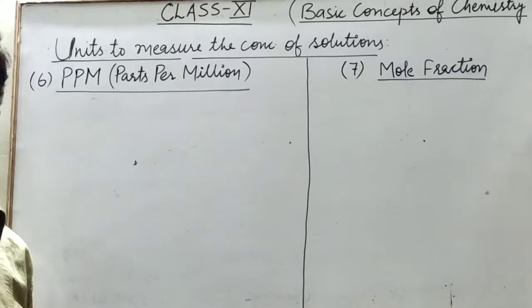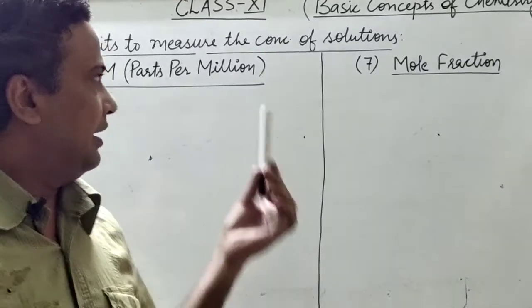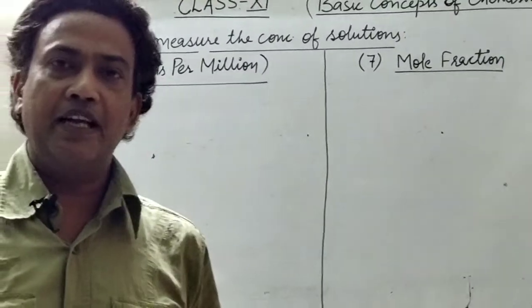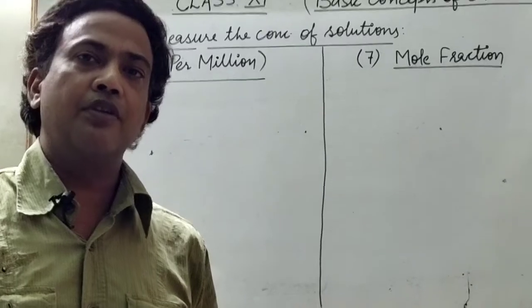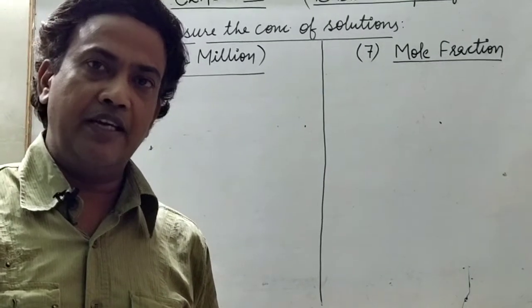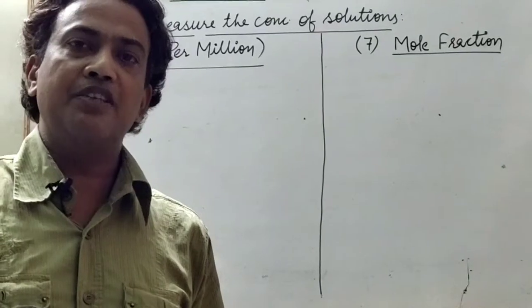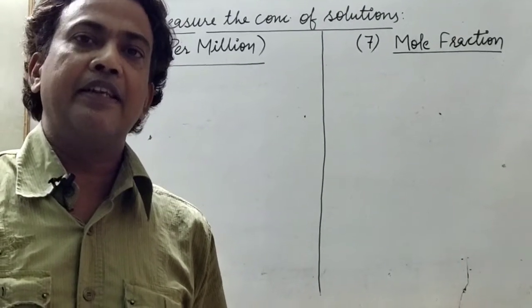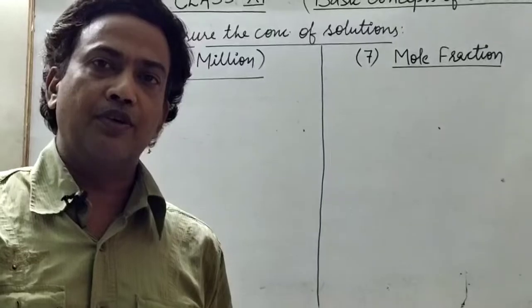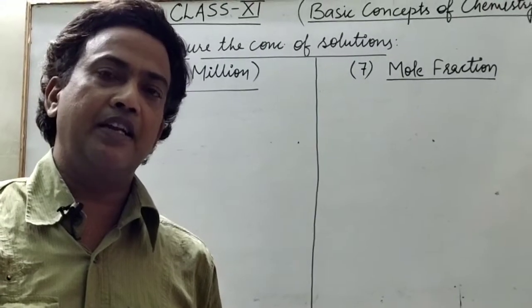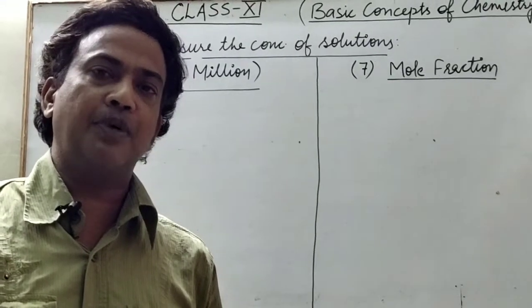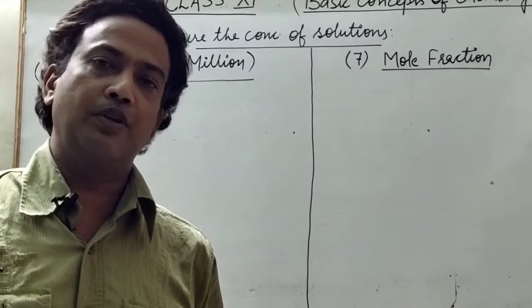ppm, parts per million. As the name suggests, it is defined as the parts of solute by mass present in millions parts of solution. Millions means 10 raised to power 6. It means parts of solute by mass present in 10 raised to power 6 parts by mass of solution.